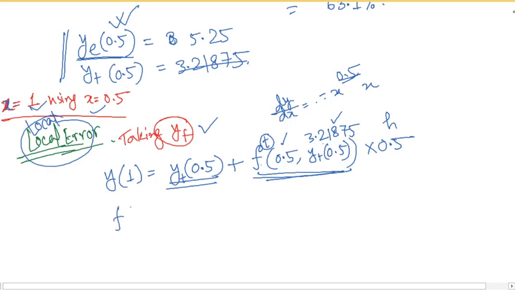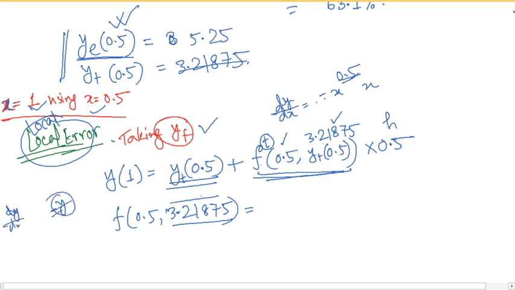I'll be calculating this one, although this 3.21875 is of no use in our particular math problem, but in any math problem where you have y included in the dy by dx function, then you will have to use this y as well. Remember this thing. Okay, this value will be obtained as 1.25.